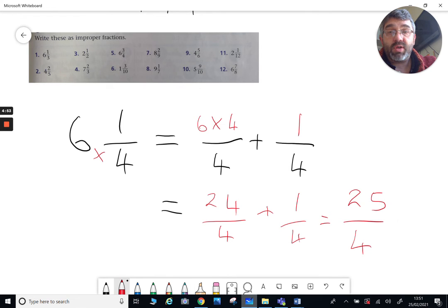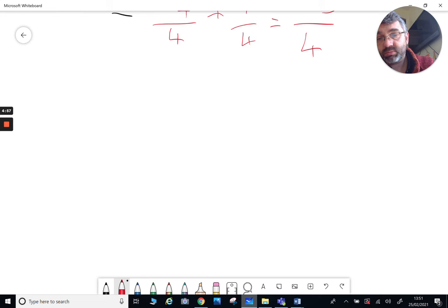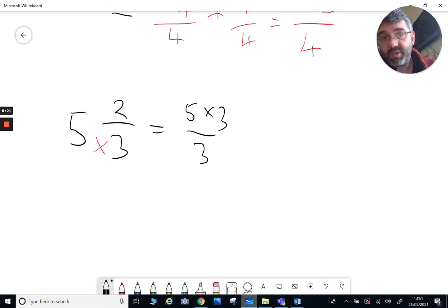Let's try another one there, shall we? So let's maybe do something with thirds. How about 5 2/3? And we want to turn this into something over 3. Okay, so first things first, multiply the 3 and the 5 together, and you will end up with 5 times 3 over 3.